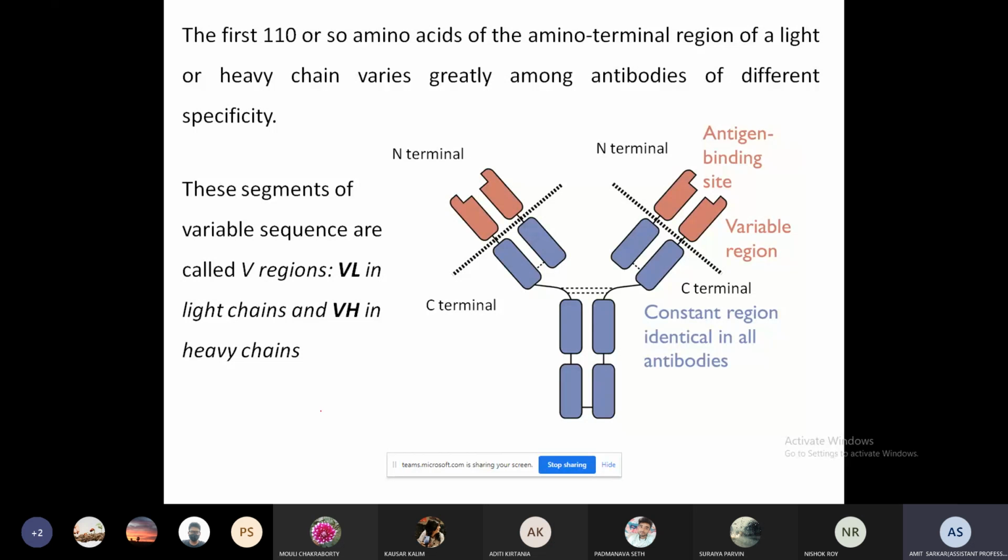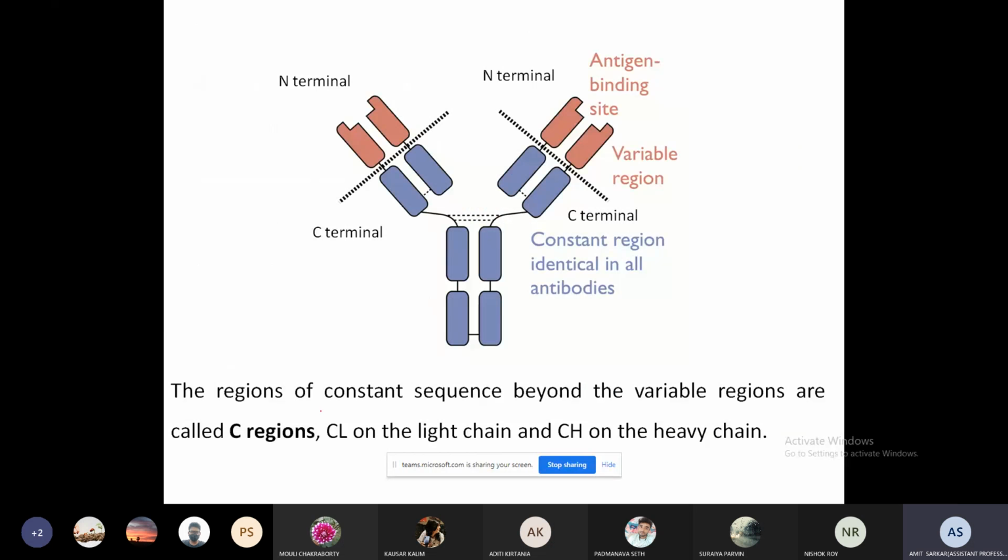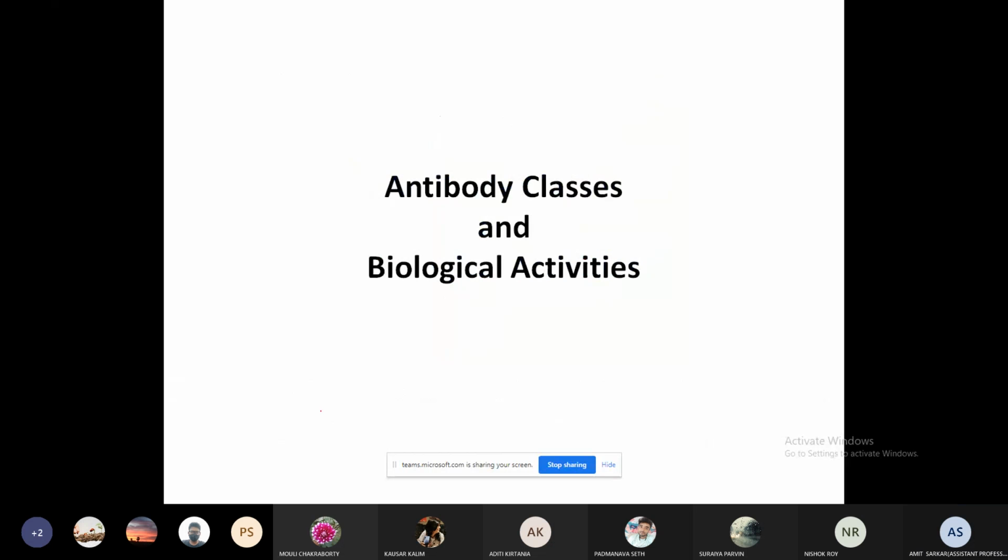It is found in the first 110 or so amino acids of both the light chain and the heavy chain. They form the antigen binding region known as VL and VH. The remaining portion, the major portion, is actually constant. So they are known as CL or CH. This is the very basic structure of antibody.